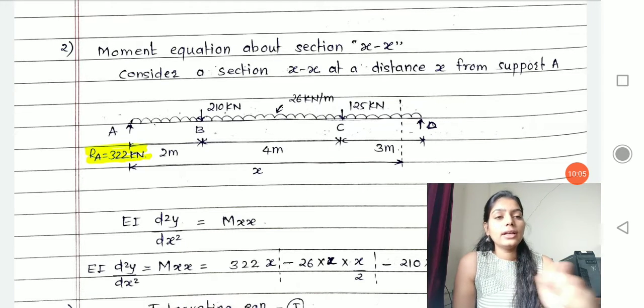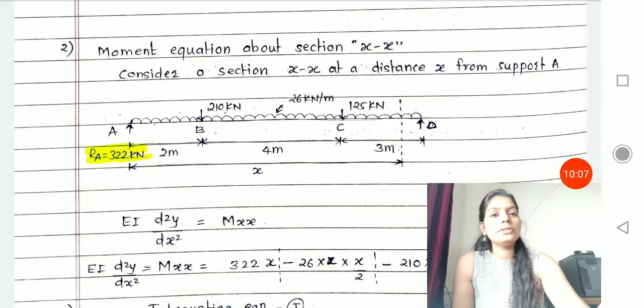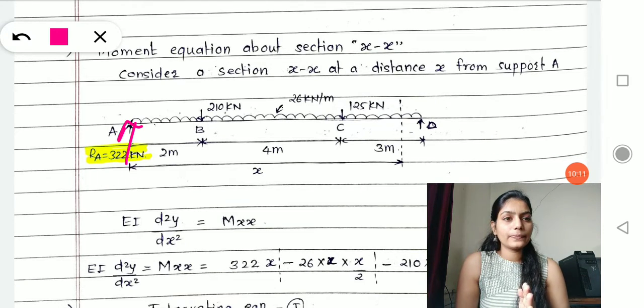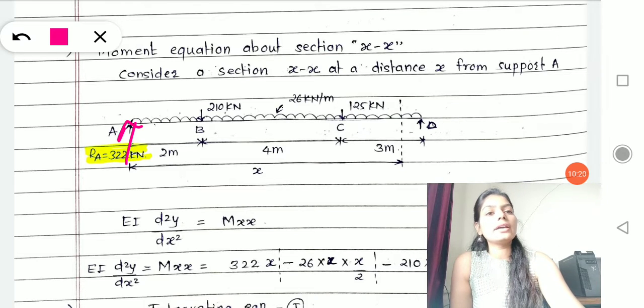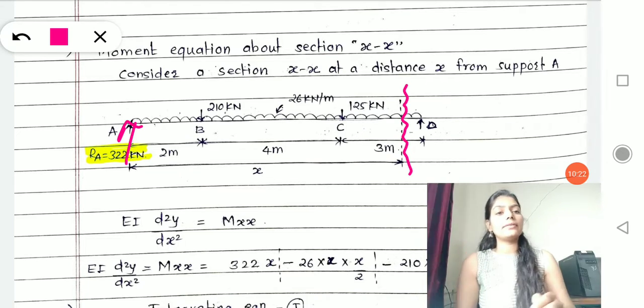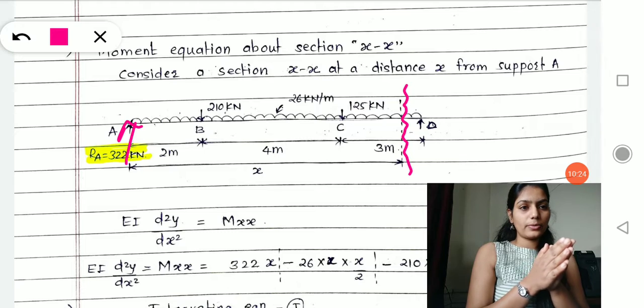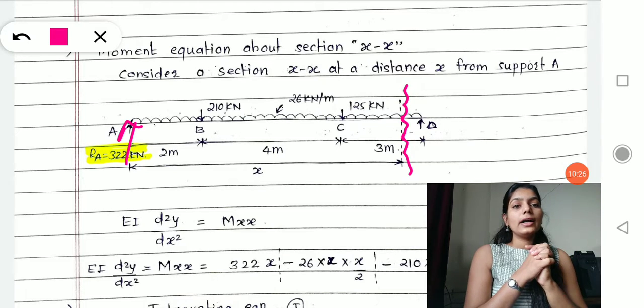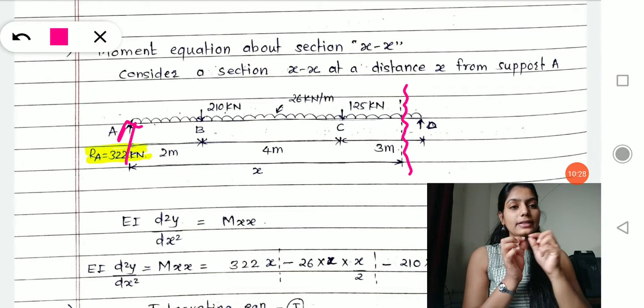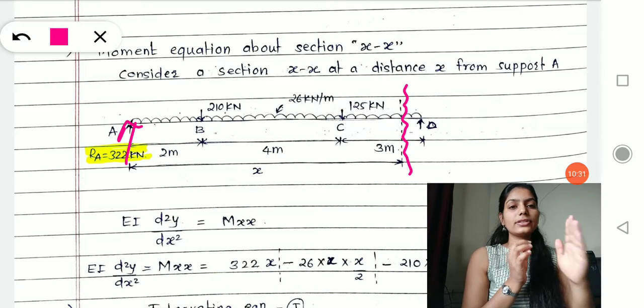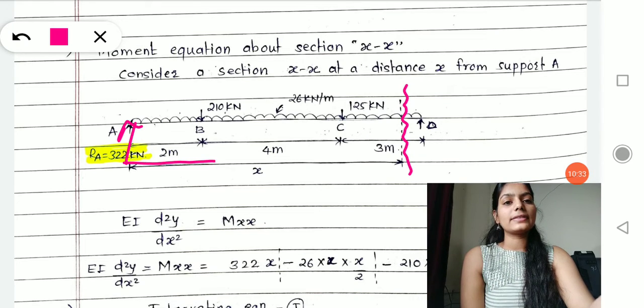Now how will we form the moment equation? RA into, first of all we have to take the section at the point where we are calculating moment. So the section I have taken over here covers all the forces throughout my beam. At that section, I have taken a distance x.